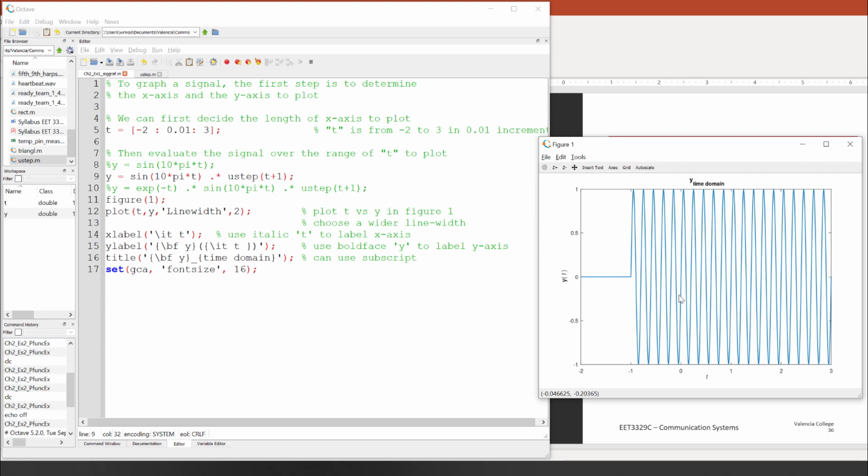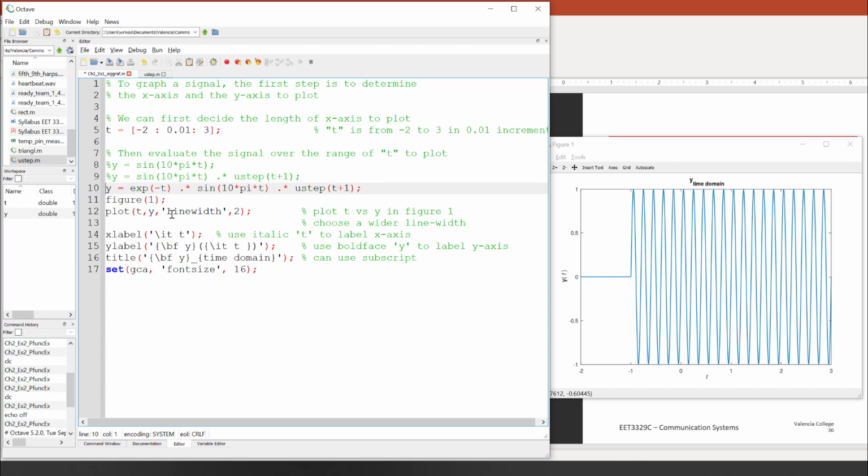Now, the full function actually multiplies then by the exponential of minus t. Because it's minus t, it should be a decreasing exponential. Oops, I activated the wrong line. I meant to activate this one. So now in line number 10, you have the full expression with the 3 terms in it, including the exponential of minus t.